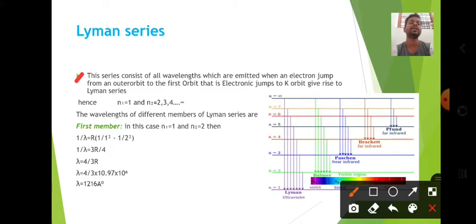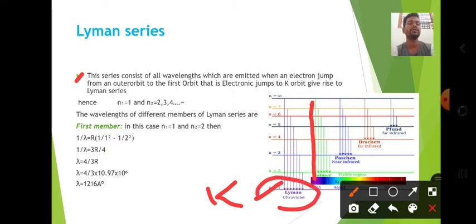That is, the electron jumps to the K shell only. n1 equal to 1 means it is the K shell, right? And from different outer orbits electrons are coming and jumping into the K shell.